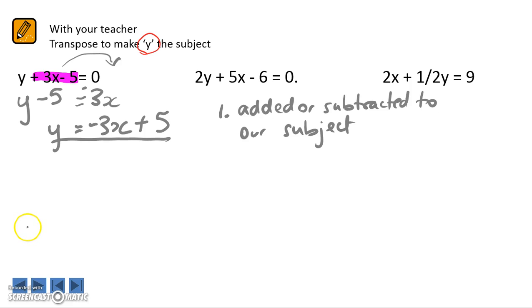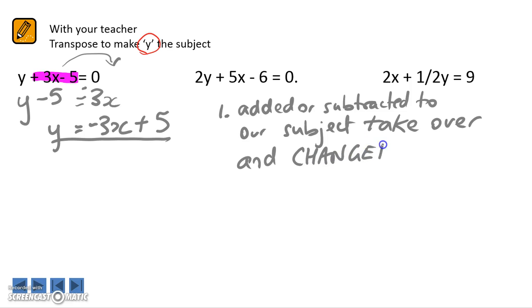So the first rule is anything that is added or subtracted to our subject, take over and change the sign.